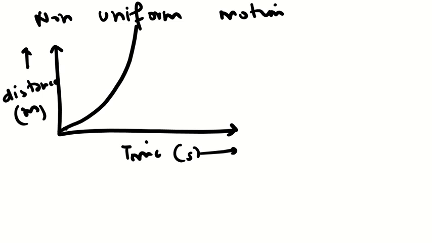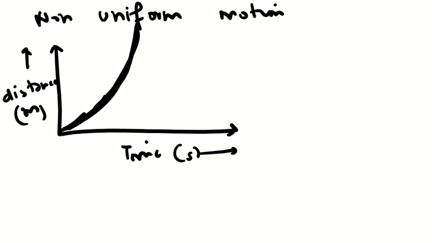So you will notice there is a curve over here. You would say it is not a straight line, rather a curve is being formed. This is the example of a non-linear graph.